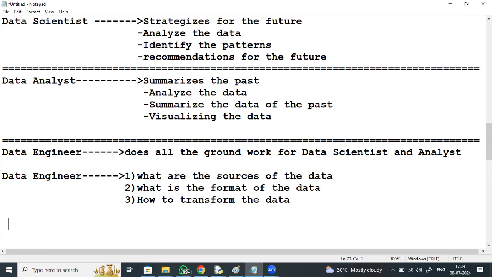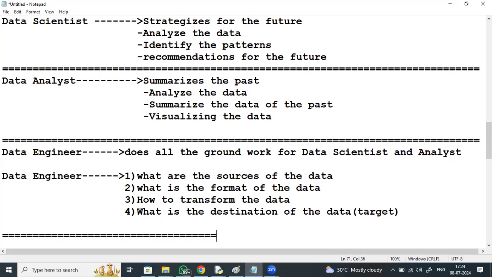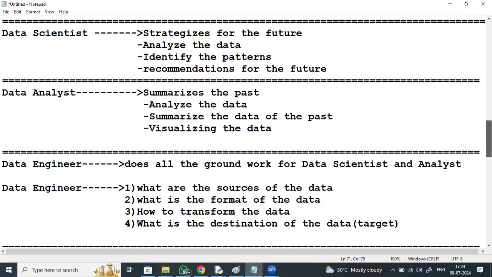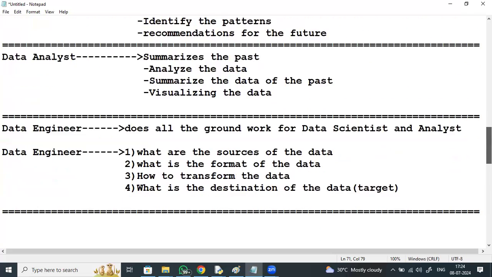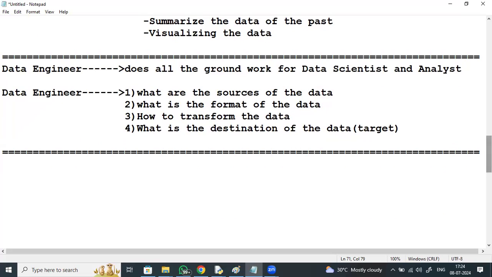Finally, it also requires a destination: what is the destination of the data? That is the target. The data scientist provides future references, the data analyst summarizes past events, and the data engineer does all the groundwork for both.